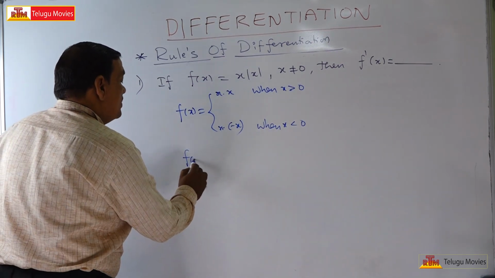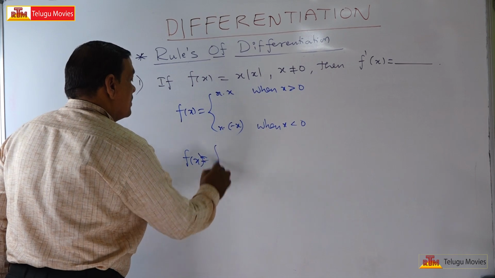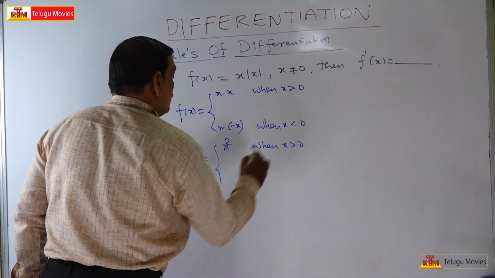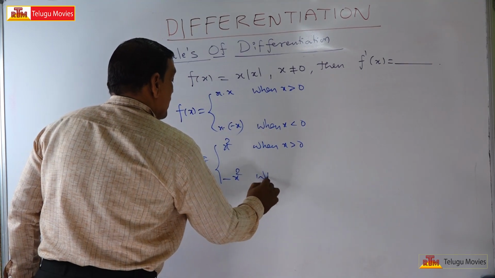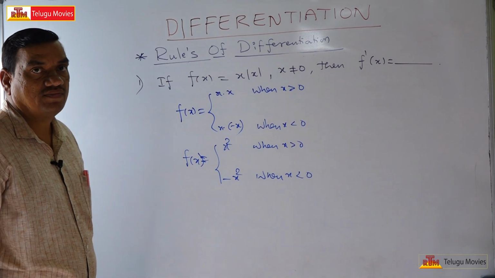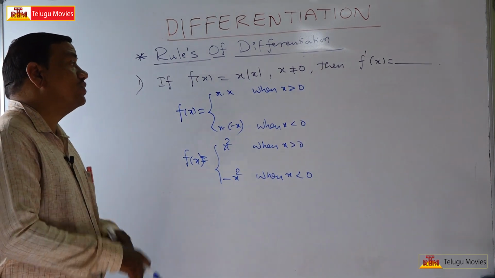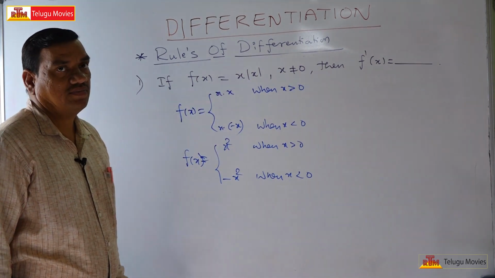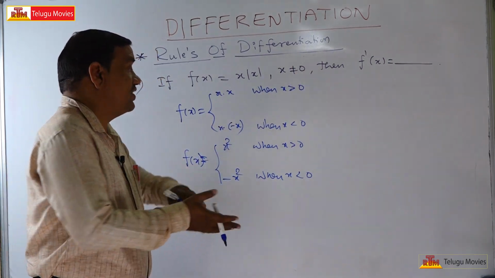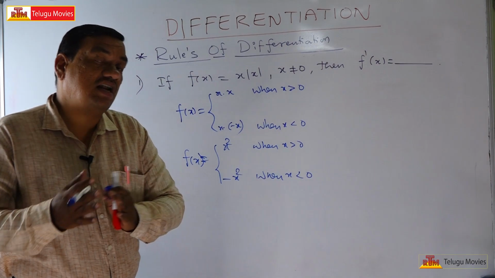So your function is x square when x is greater than 0, and minus x square when x is less than 0. When x is not equal to 0, there are 2 possibilities: greater than 0 or less than 0.